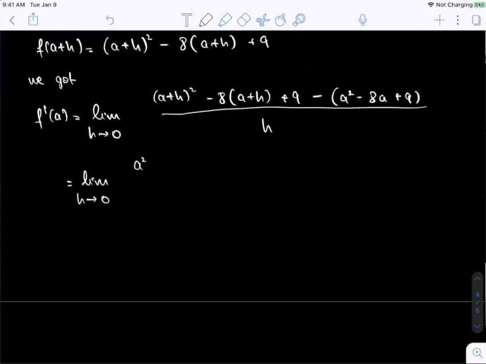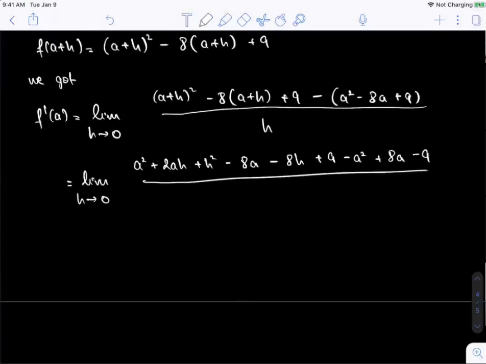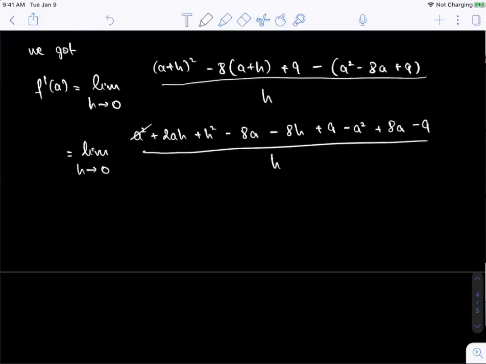So you have a squared plus 2ah plus h squared minus 8a minus 8h plus 9 minus a squared plus 8a minus 9 divided by h. So a squared cancels out, plus 9 and negative 9 cancel out, negative 8a and plus 8a cancel out, and you're left with 2ah plus h squared minus 8h over h.